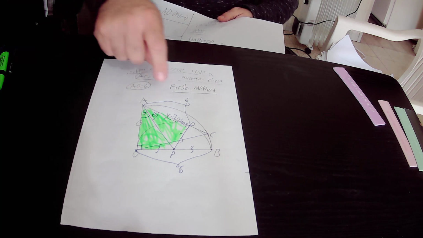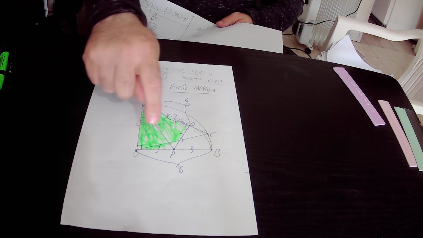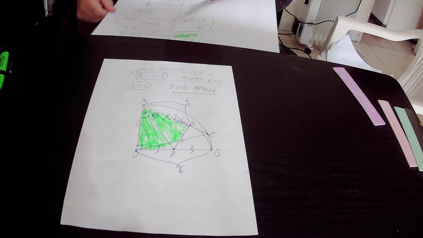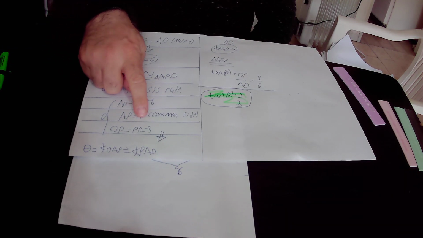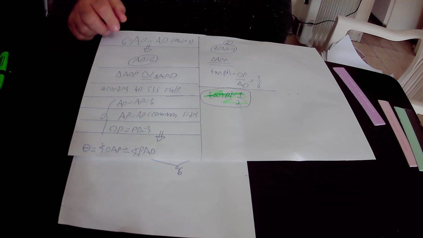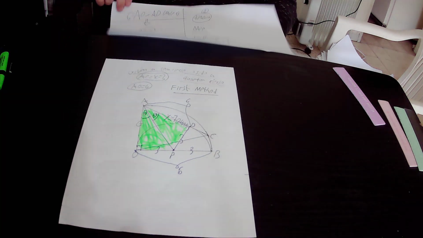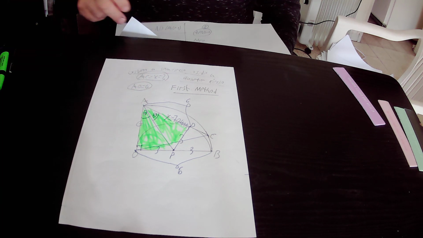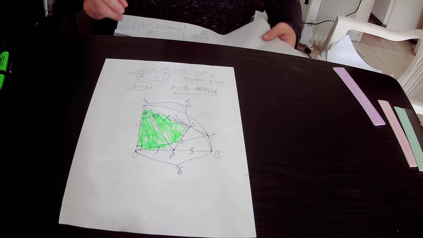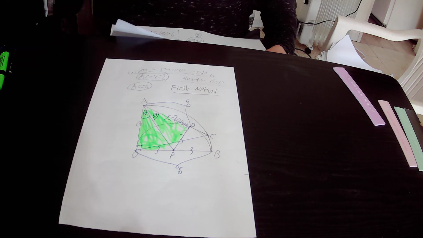And finally, DP equals PO equals 3 units. This is the radius of the semicircle. So we proved that all the sides of triangle APD equal the corresponding sides of triangle APO. Therefore, those two triangles are congruent according to the side rule.